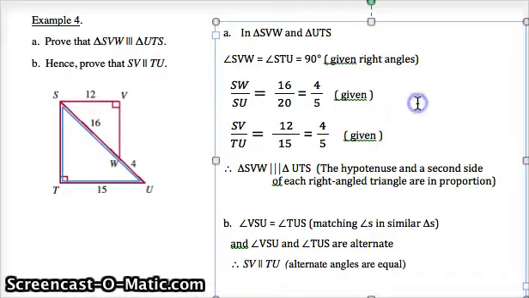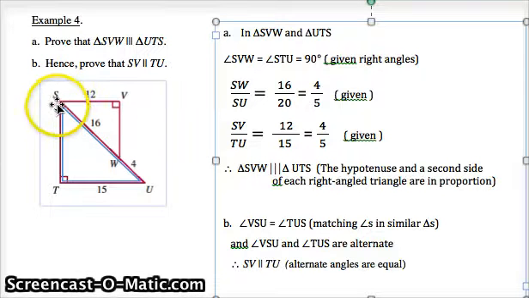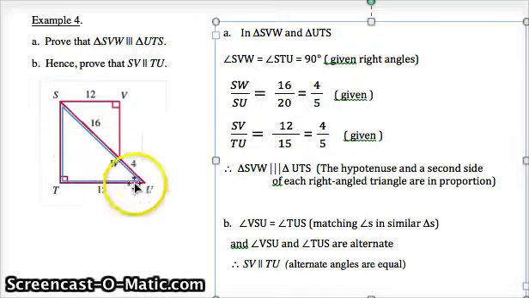Okay, then we notice that we do have a number of lengths on these triangles. Now we know that definitely the hypotenuse of each triangle would be matching sides. So in the smaller triangle, the hypotenuse is SW, and in the larger triangle, the hypotenuse is SU.